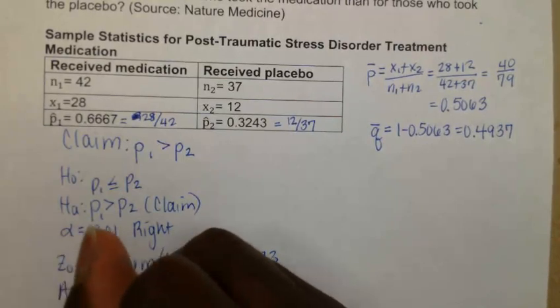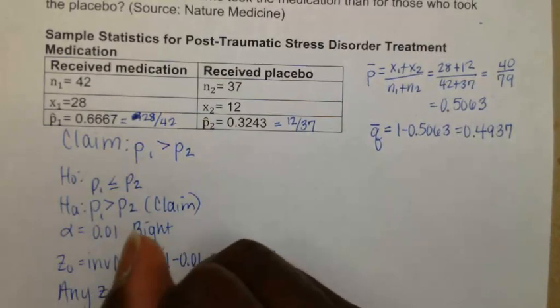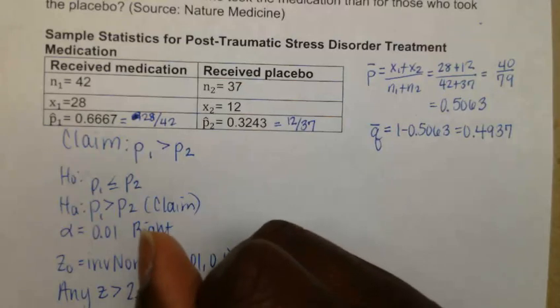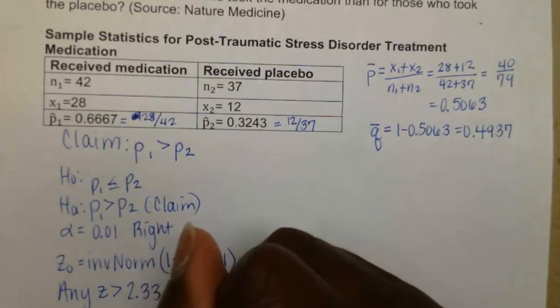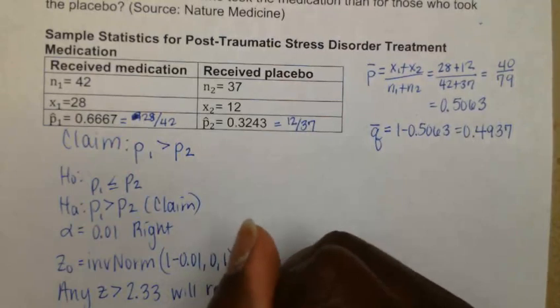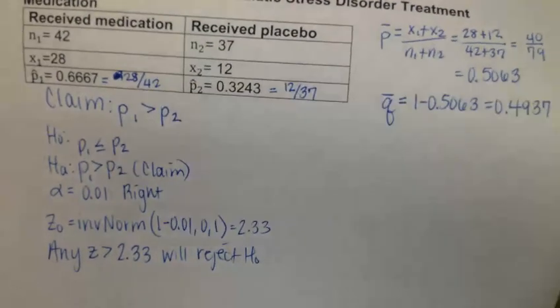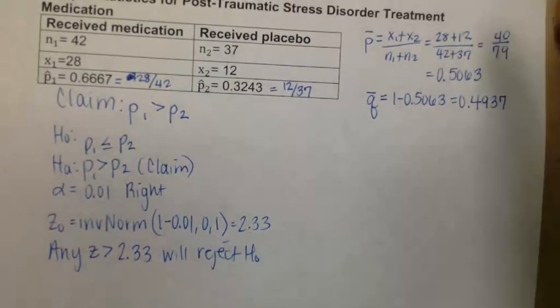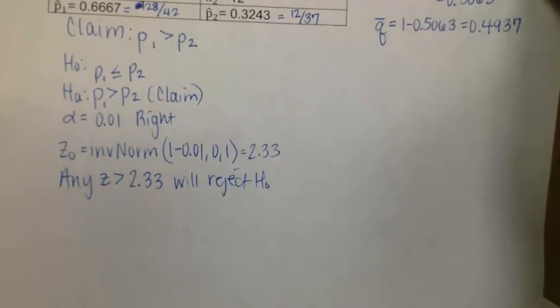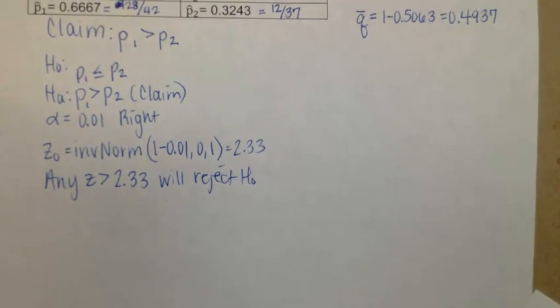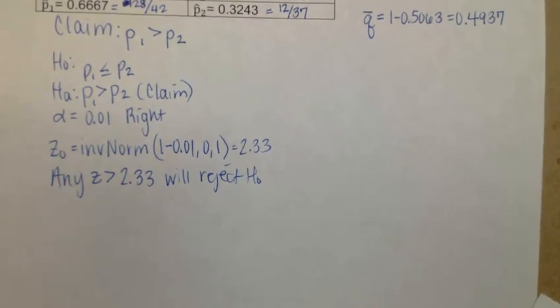So any z greater than 2.33, because we're looking on the right, will reject H0. Again, I do apologize. Those are P's for that previous problem, not means.